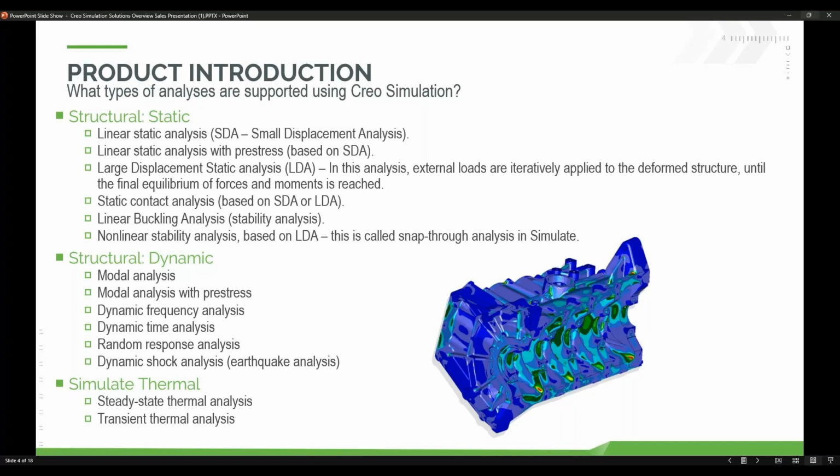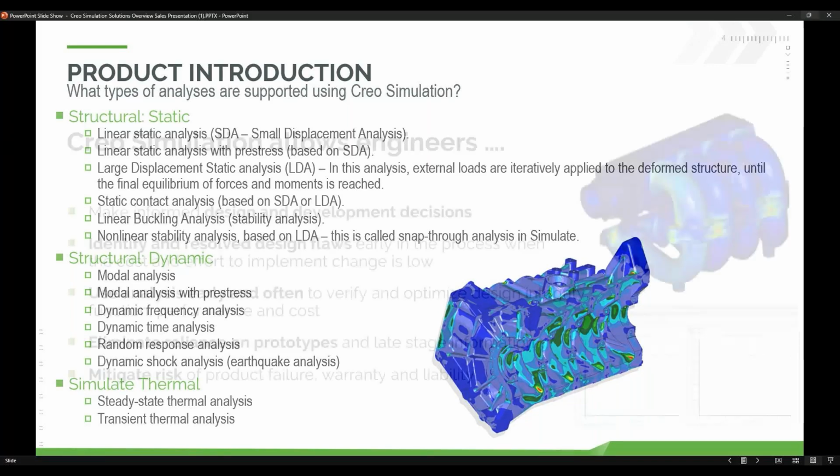Forced convection would be forcing the water inside of a radiator through the radiator, heating up the cells on the radiator, and then convecting the heat away by mixing it with the air that's coming over the radiator. So those are the three types of thermal transfer of heat that we have within the system.